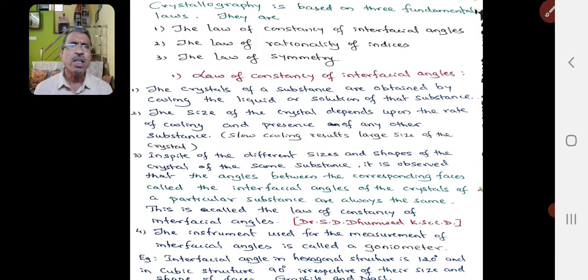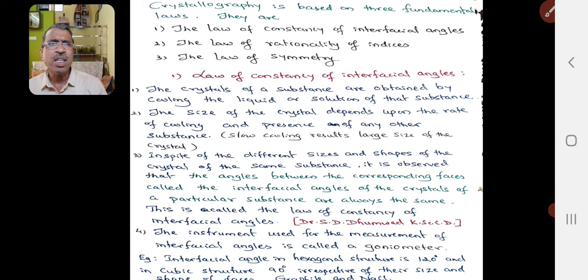Coming to the first one, the law of constancy of interfacial angles. The crystals of a substance are obtained by cooling the liquid or solution of that substance. We know when the liquids are cooled, we get the solids, the crystalline solids. Similarly, when the solutions are cooled, we get the solid crystals.